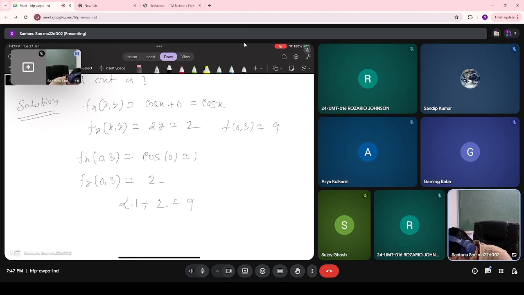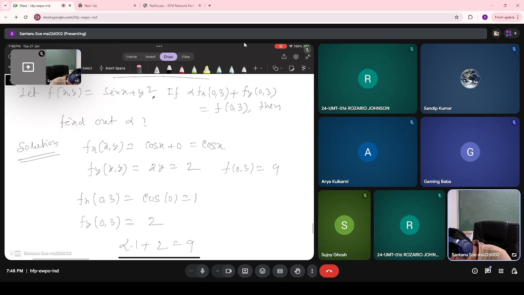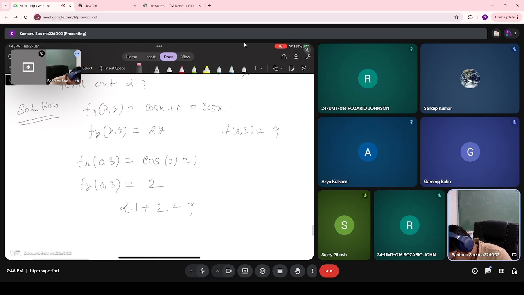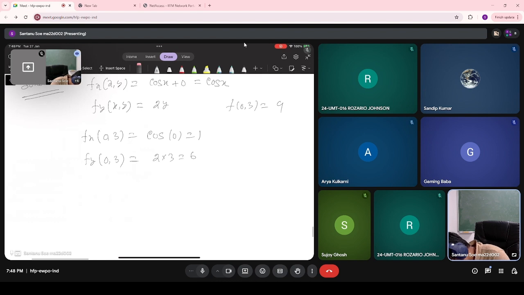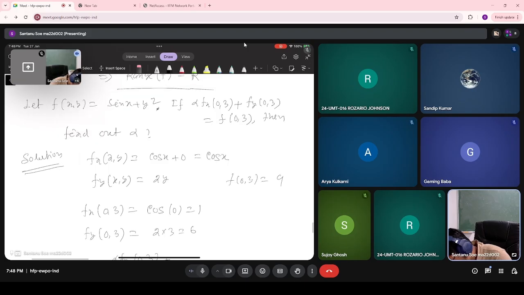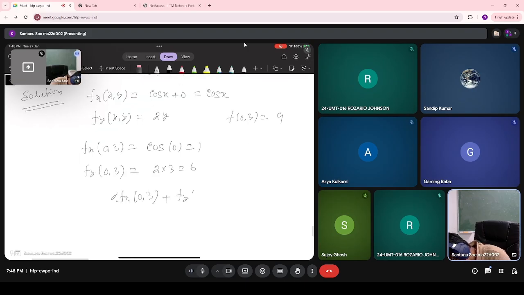So am I doing correctly or not? This will be 2y, so yeah, this will be 6. It is given that alpha fx of 0 comma 3 plus fy of 0 comma 3 is f of 0 comma 3.